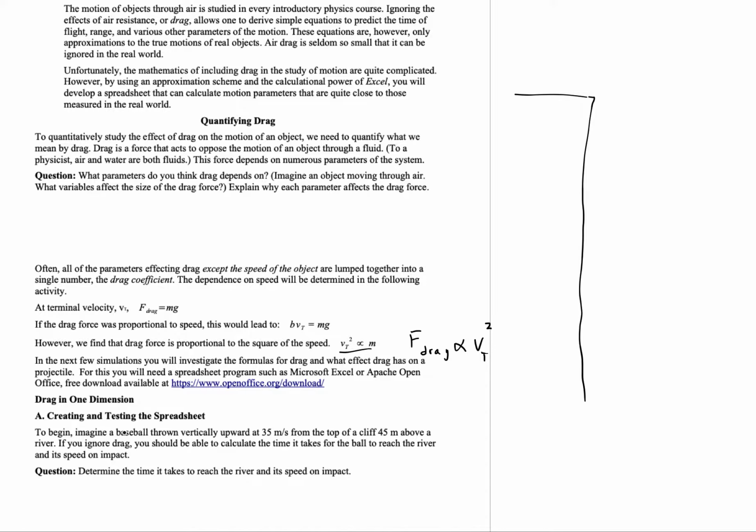Now we've got a baseball being thrown vertically upward from the top of a cliff, 45 meters. Person. And they're going to throw it up, so we're going to have this kind of motion map.